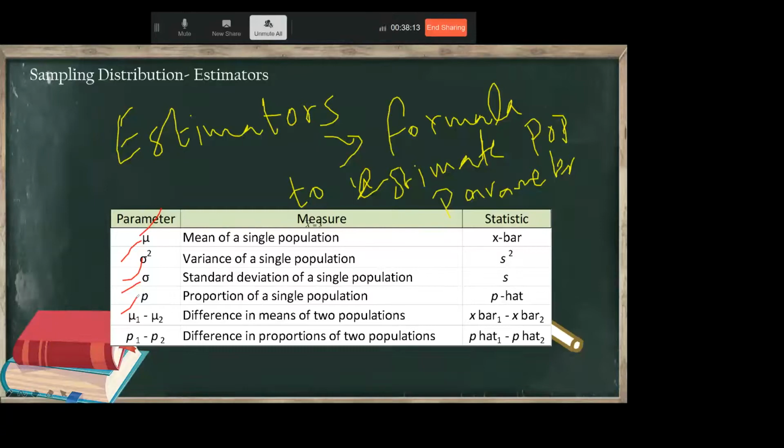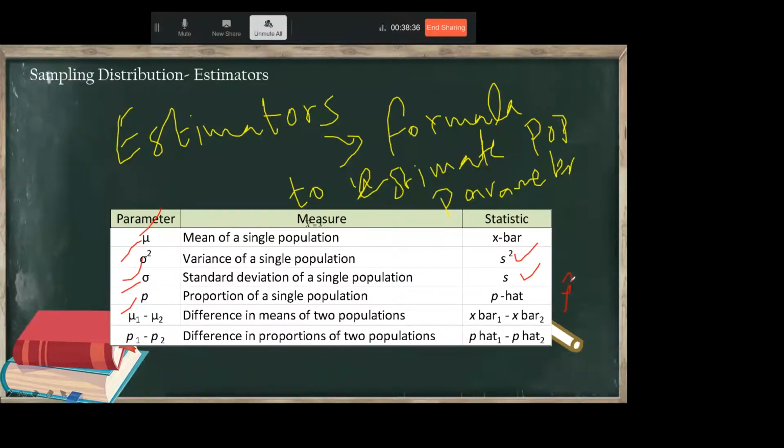That is x bar, capital S square, and small s square. They are different. And phi hat, like x bar 1, x bar 2, phi hat 1, phi hat 2.